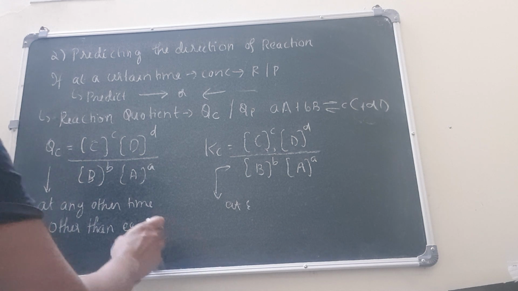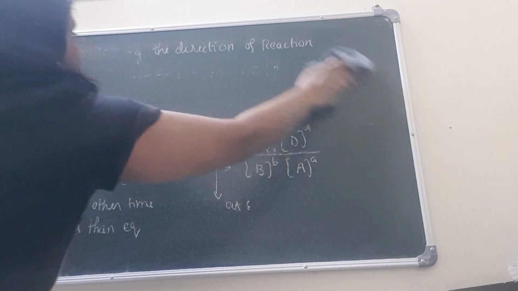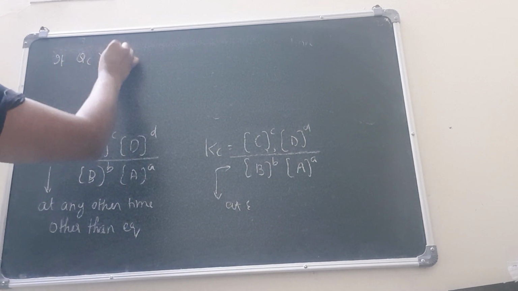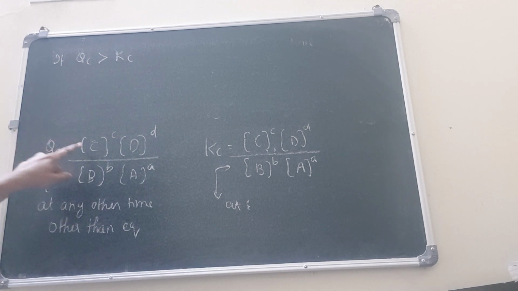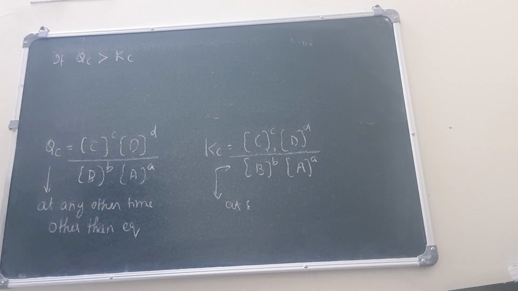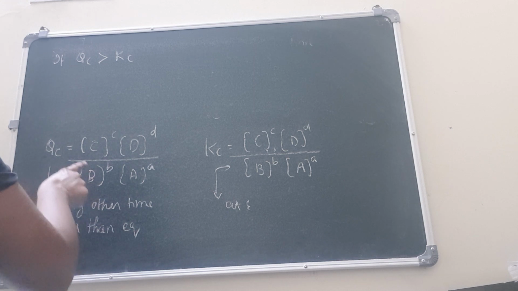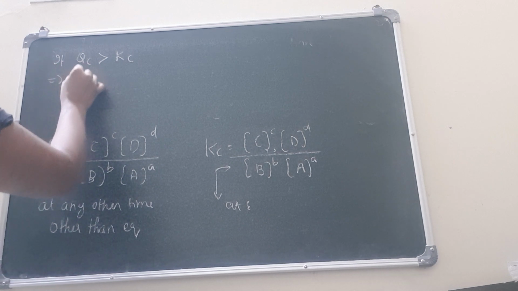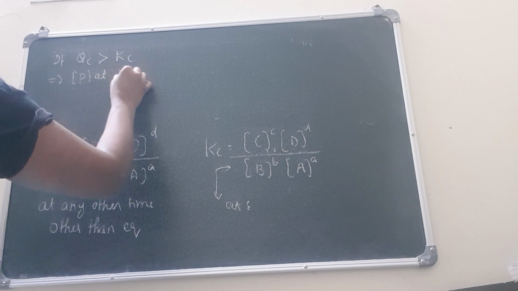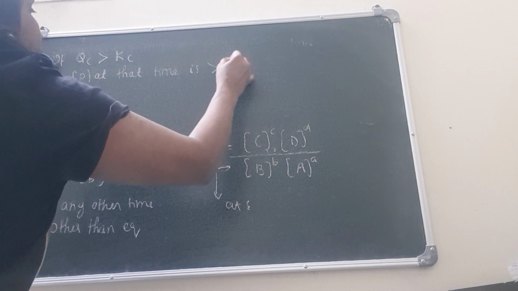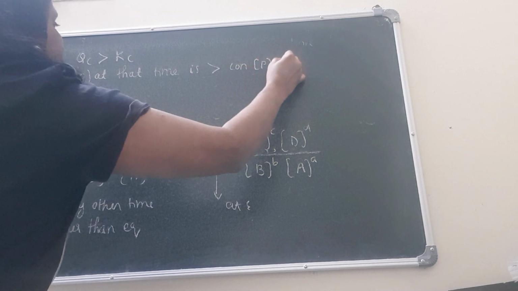Now suppose Qc is greater than Kc. We would know the concentrations at a given time, and knowing this, if I calculate Qc and it turns out to be greater than Kc, what does that mean? Qc greater means the concentration of product at that time is greater than the concentration of product at equilibrium.